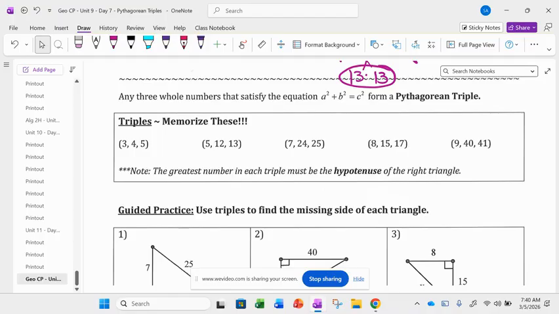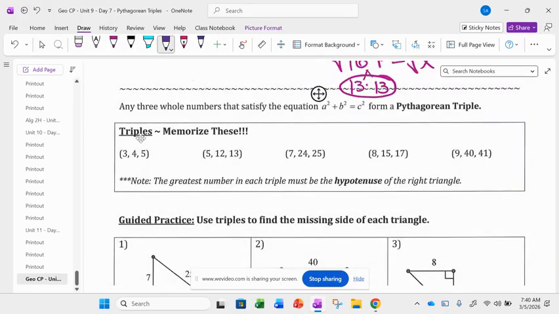I'm adding 2 more to the ones I want you to memorize. So the first Pythagorean triple is 3, 4, 5. In the list of numbers, I want you to recognize that the last number has to be the hypotenuse. So in 3, 4, 5, 5 has to be the hypotenuse.